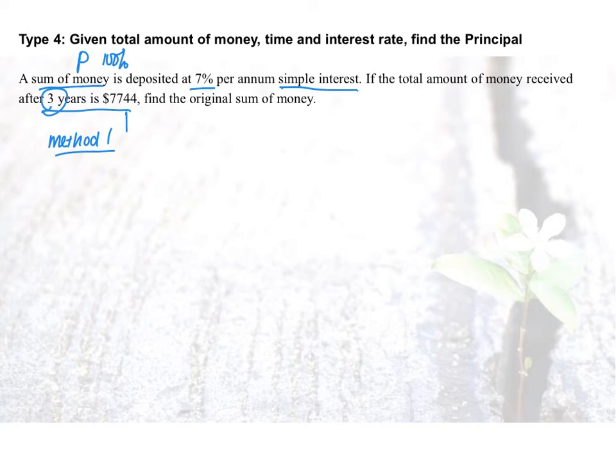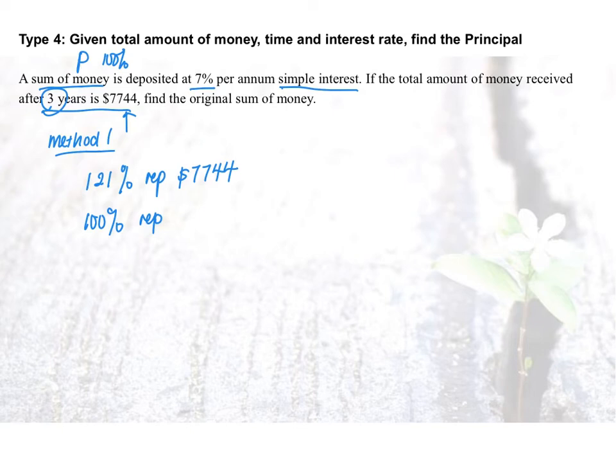And this amount of money, 7744, is actually the total amount of money for 100% plus my interest. So in this case, 121% represents a value of 7744. To find my original sum, 100%. How much do I get?